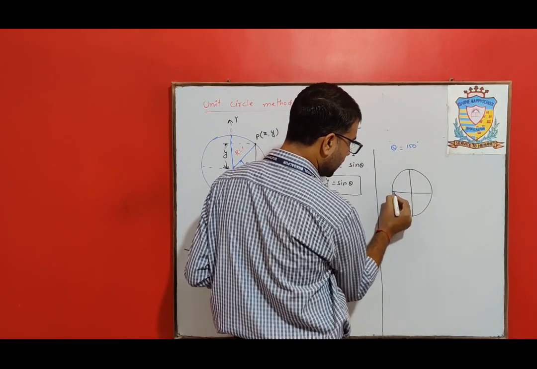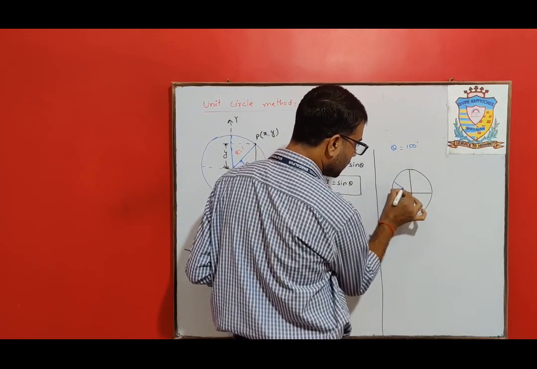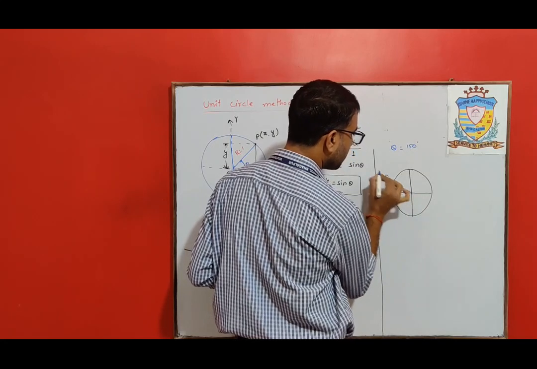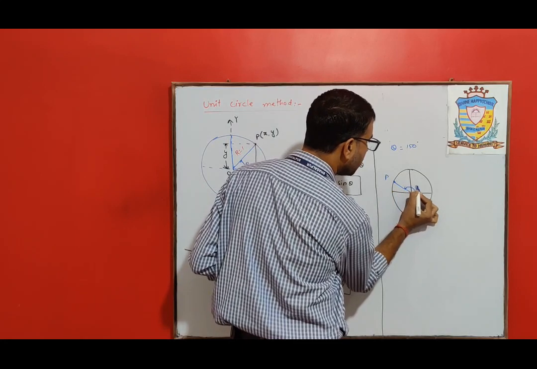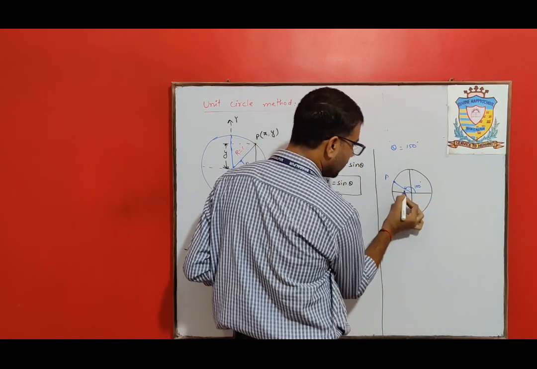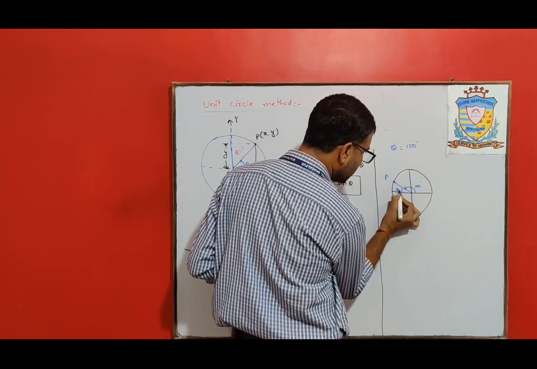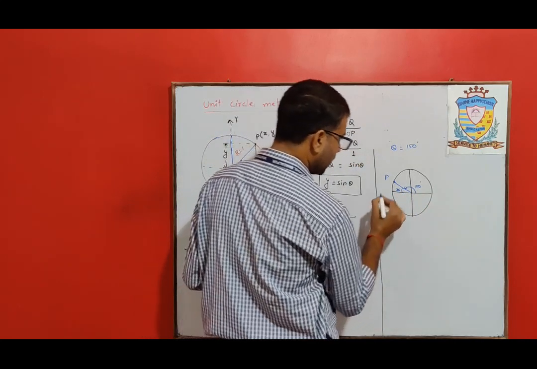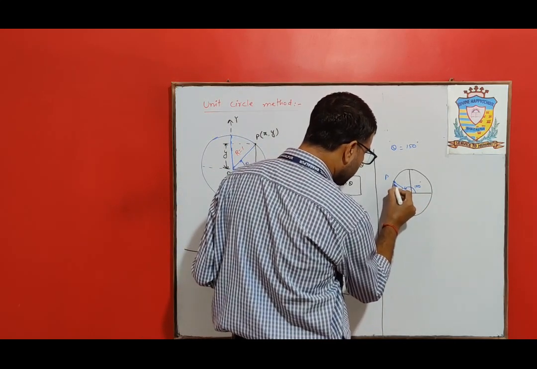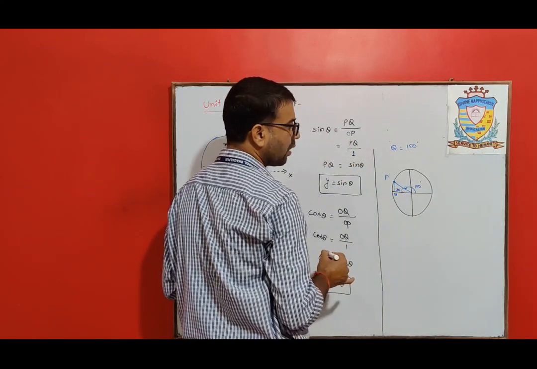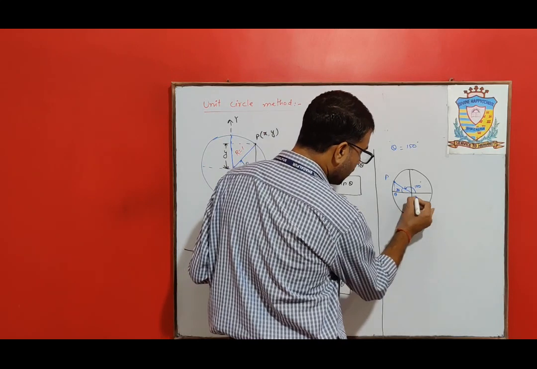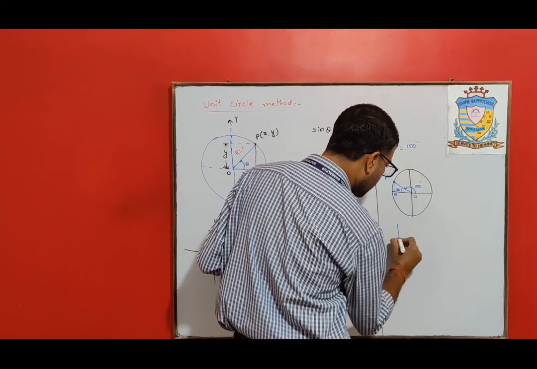So 90, 90, 180. This is our point P. Here this angle is 150 degree. The remaining part that we have is 30 degree. Now from this point we can draw a perpendicular. Let this be Q. So this is O.